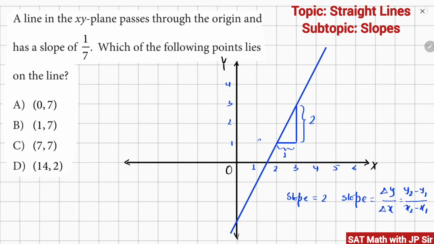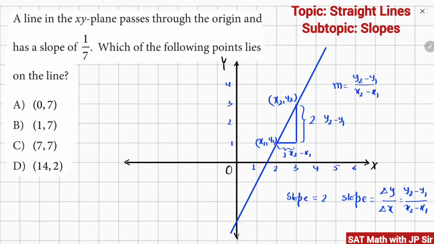So suppose that these are 2 points, x1 y1 and x2 y2. So change in y-axis is y2 minus y1, change in x-axis is x2 minus x1. So the ratio is called slope.